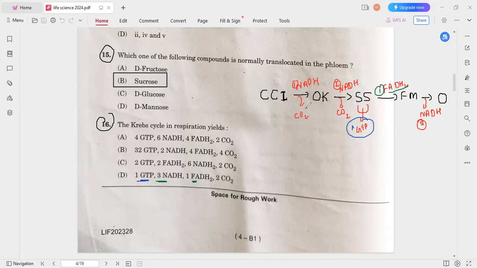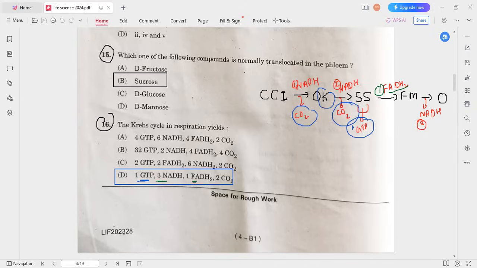One is between isocitrate to alpha ketoglutarate, and then between alpha ketoglutarate to succinyl CoA, another carbon dioxide. So 2 carbon dioxide, 1 GTP, 3 NADH, 1 FADH2. So this is the Krebs cycle yield. That is option D, the correct answer for this question number 16. Okay, so it's very easy.